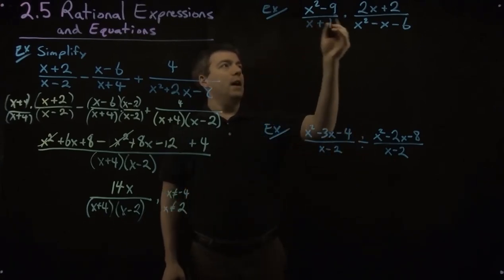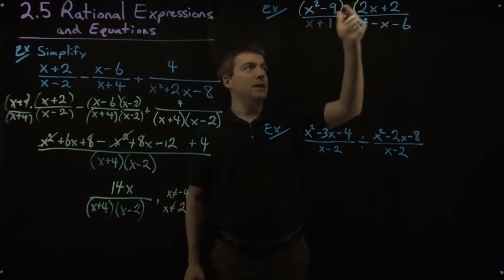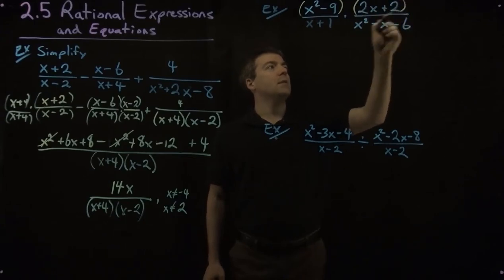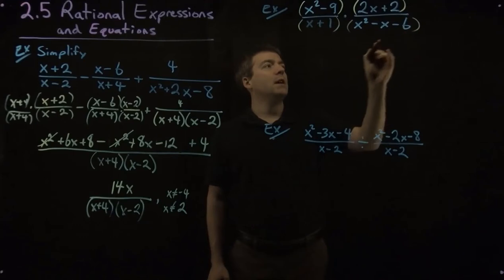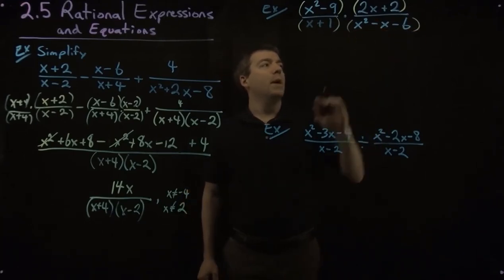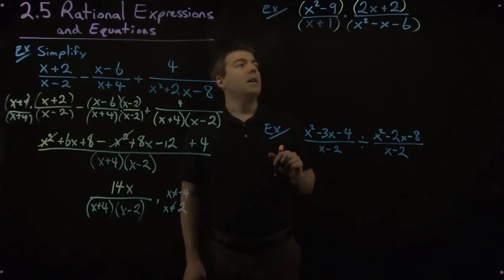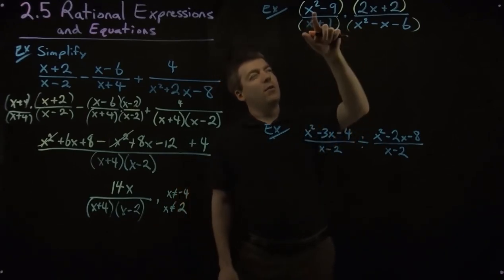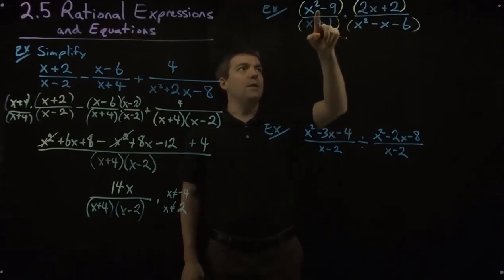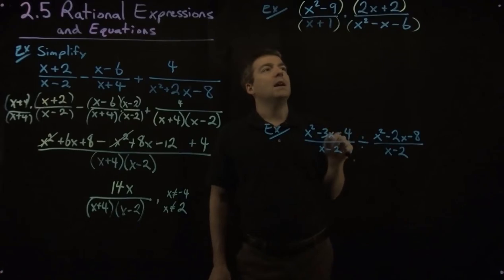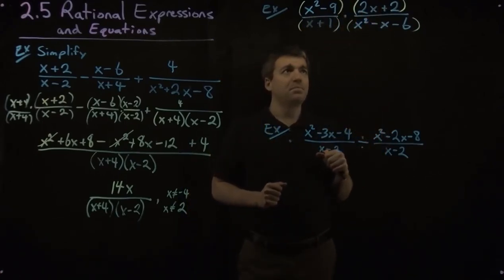We'll have x squared minus 9 times 2x plus 2 over x plus 1 times x squared minus x minus 6. All right. So we could multiply out and distribute, but since everything is a factor already, we've got this thing times this thing, we should just factor everything and then see if there's any common factors.